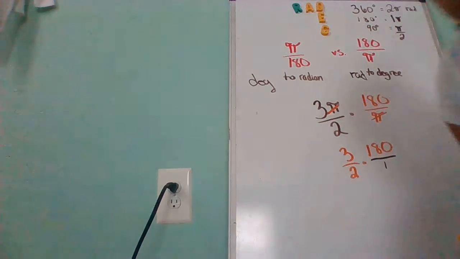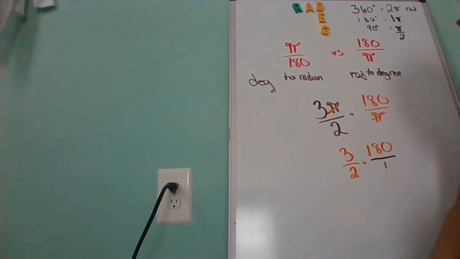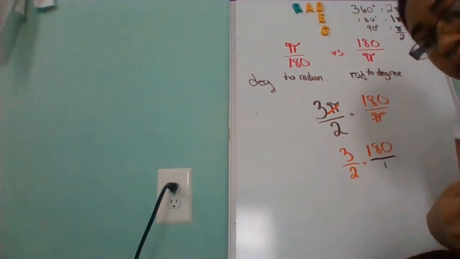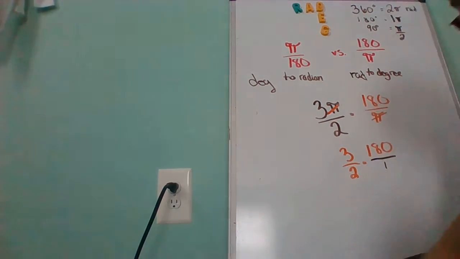Feel free to multiply and simplify these fractions any way you know how. I think it's a little easier for me to simplify before I multiply because I personally like to work with smaller numbers.